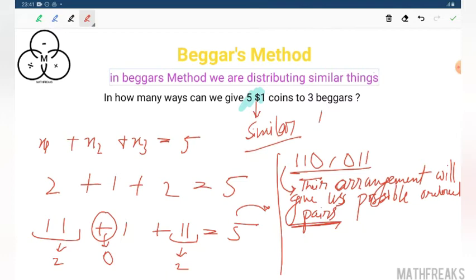Because 1 0 1 1 0 1, this is in the sense 1 3 1. This is again an ordered pair. So in how many ways we are arranging them will give us the total number of different ordered pairs. That is the number of ways we can distribute them to the beggars.